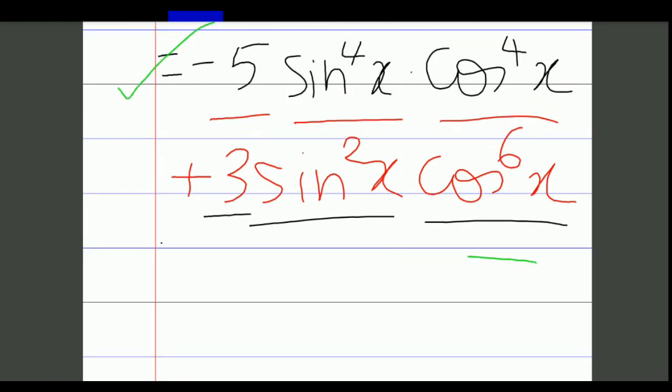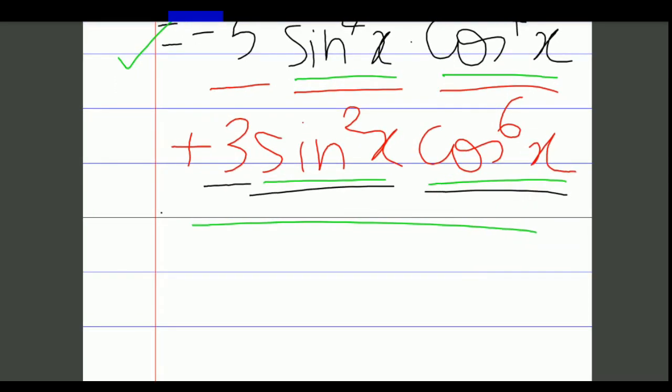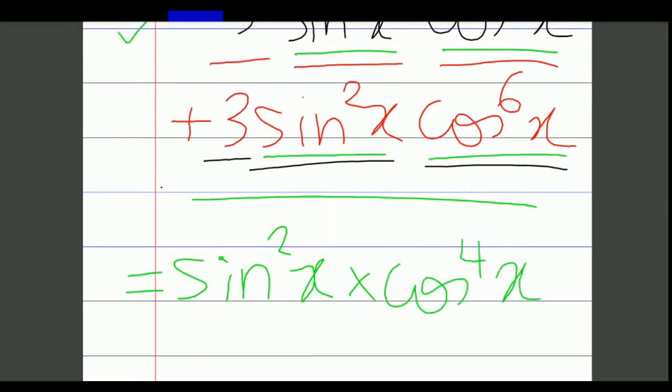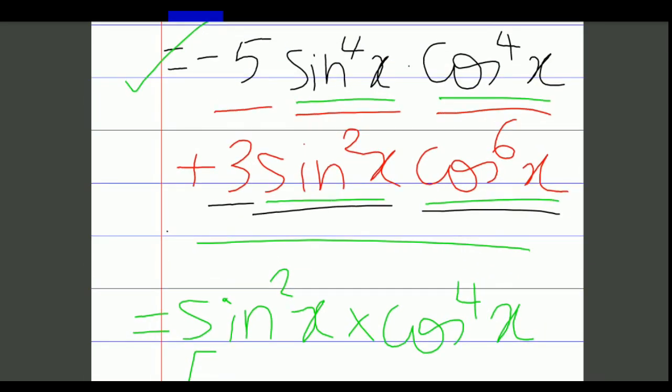You can further simplify this by taking sin square x common from both terms and cos raised to 4x from both terms. As the minimum power for sin is 2, we take sin square x, and as the minimum power for cos is 4, we take cos raised to 4x, and in the bracket we will get 3.